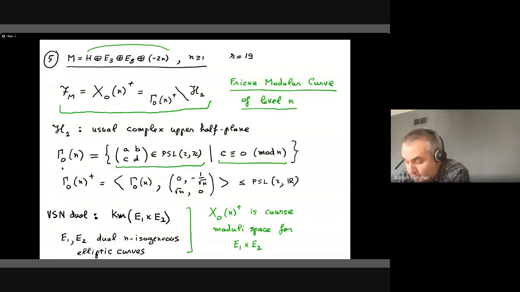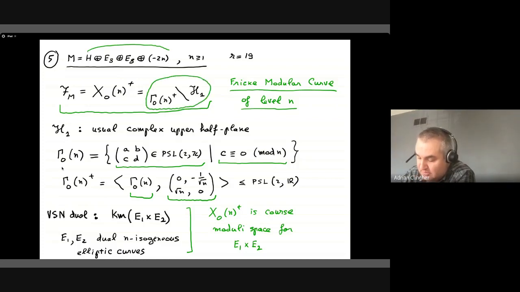And then you consider the Fricke modular group, which is generated by this congruence subgroup plus this additional involution matrix, which has coefficients in R. So the Fricke modular group is a subgroup of PSL(2,R), and this gives the actual one-dimensional quotient that describes these surfaces.